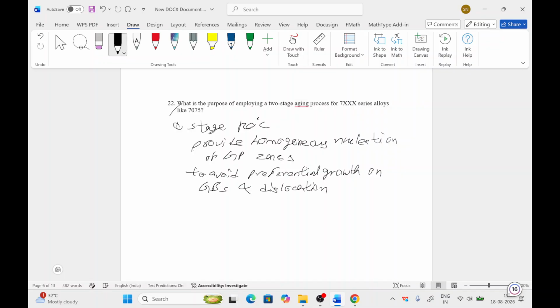Means if we directly age at a single temperature, the eta precipitates will directly form on grain boundaries and dislocations.